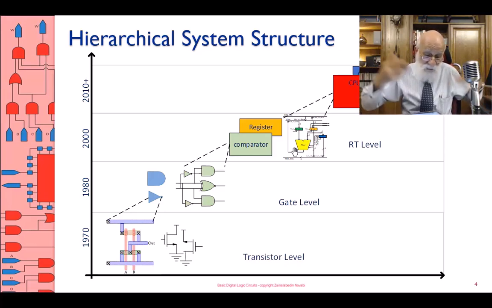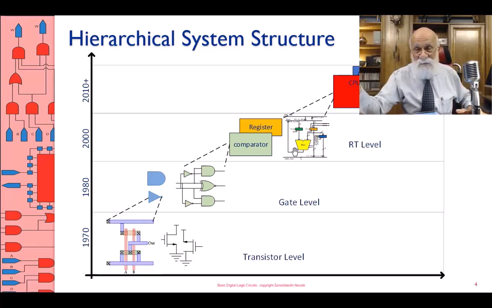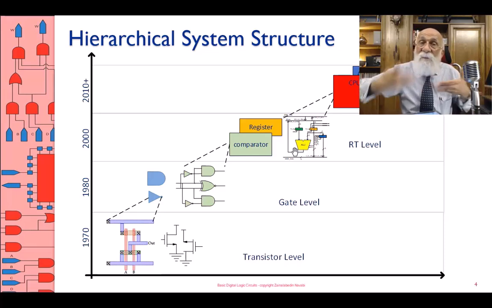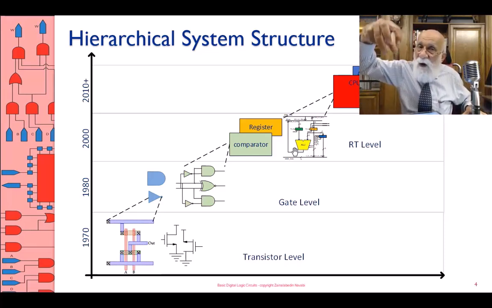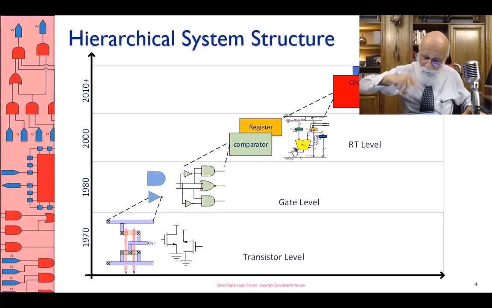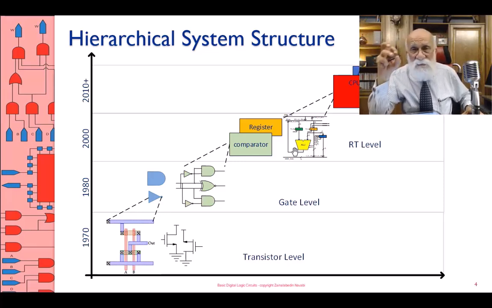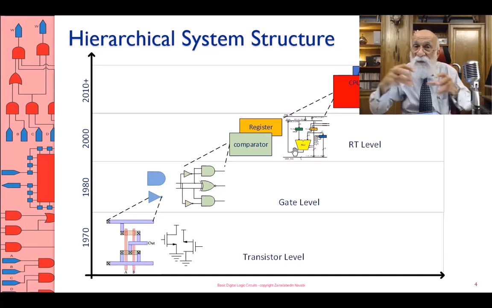That becomes years 2000. Then you say, well, I'm tired of putting these little gates together. Let's do something else. Let's take higher level components. Then you say, well, let's take adders, comparators, registers, and put these together to build a system. This is called RT level or register transfer level.